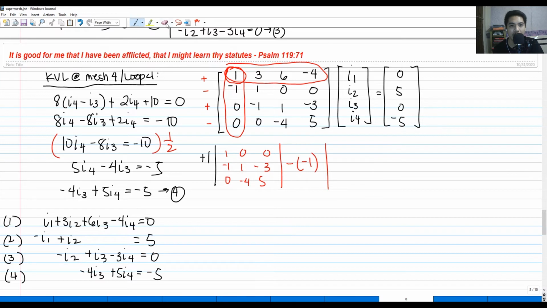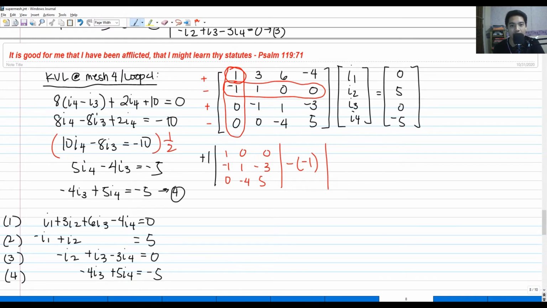The next thing we are going to do is get the determinant excluding this element. This negative 1 is actually in row 2, column 1, so I'll have to exclude all the elements in row 2 and column 1. Sorry, this is columns and this is rows.